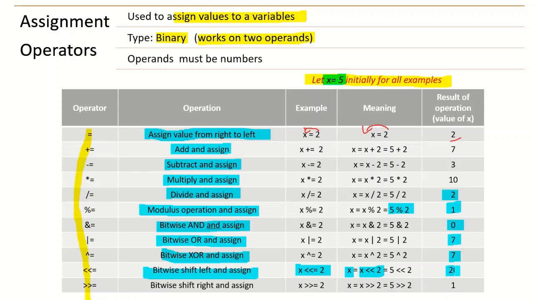The result is 20. Bitwise shift right and assign. X right shift equal to 2, which assigns the right shifted value of x to x. The result is 1.